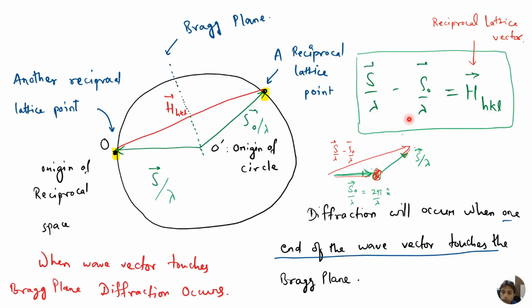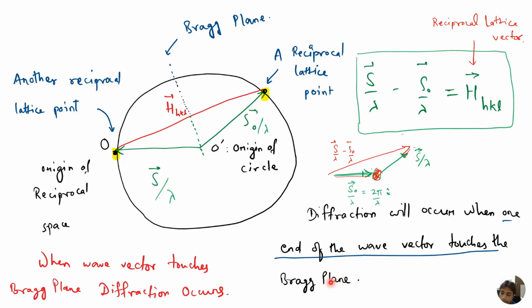Now we know the information about the probe, and the information about the crystal. So what is the condition that the probe should satisfy so that it will interact with the crystal and give diffraction? The answer is diffraction will happen only when one end of the wave vector of that probe touches the Bragg plane.